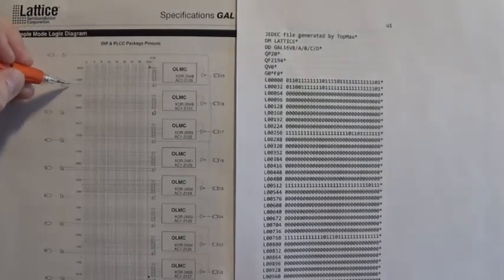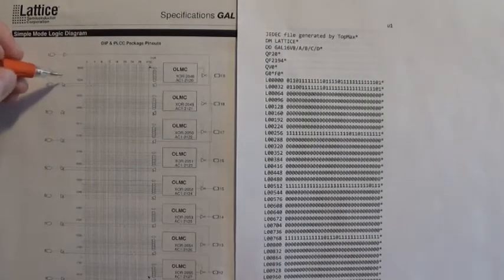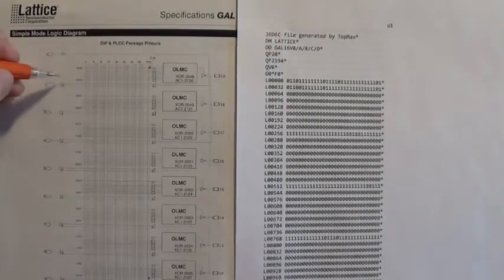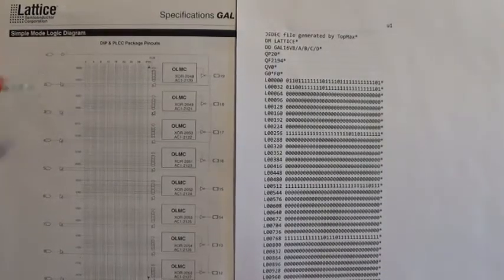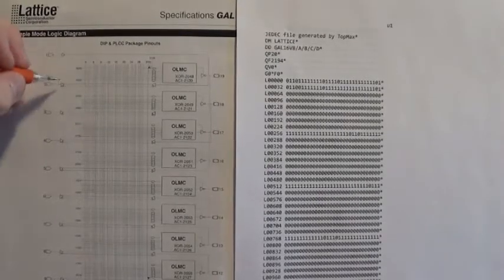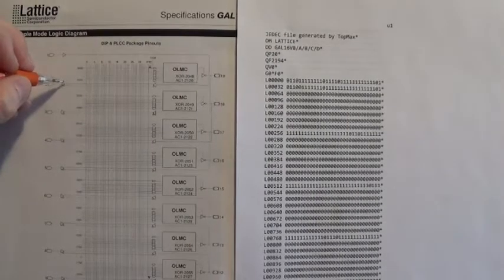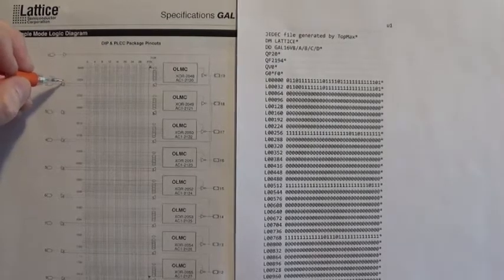And that dot leads over to a buffer. The buffer has 2 different outputs. One would be active high, no bubble.